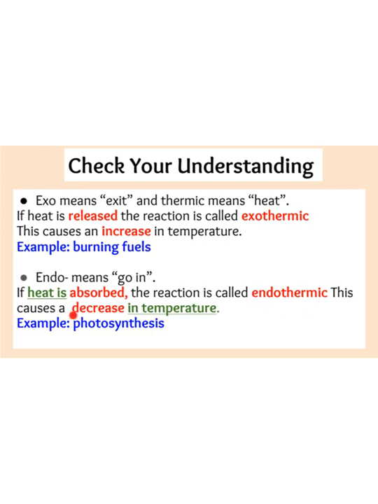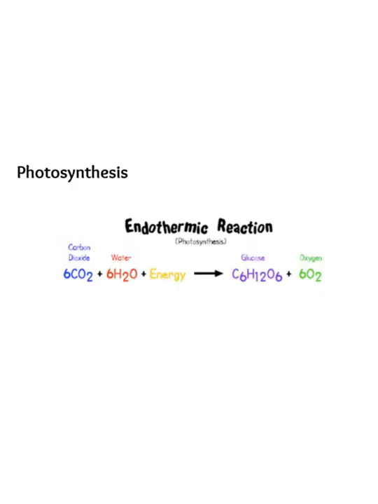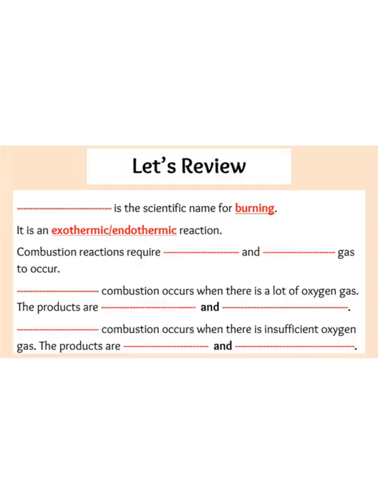This causes a decrease in temperature. As an example, photosynthesis. Photosynthesis is an endothermic reaction. Look how the plant absorbs energy in order to combine carbon dioxide and water, so glucose and oxygen are produced.